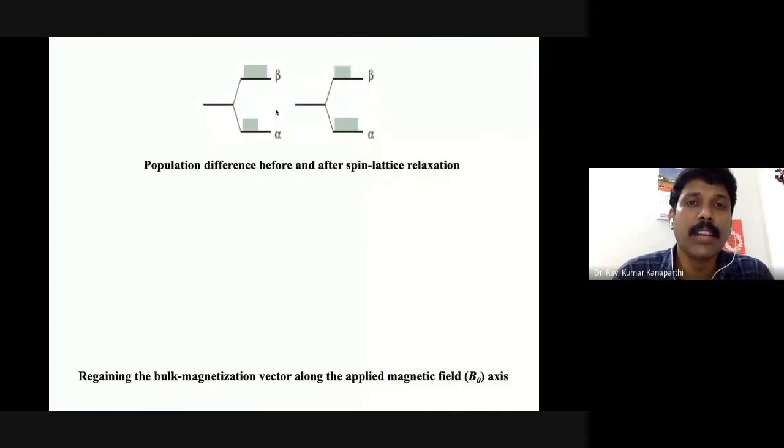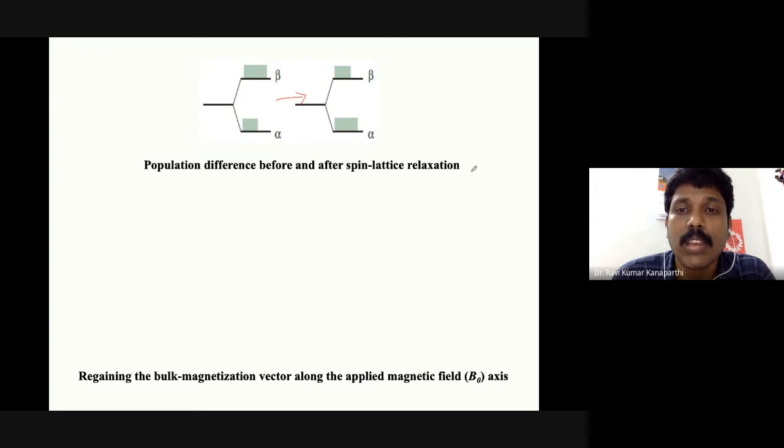Okay, and you can understand this like this. In this diagram, what we can see is a population analysis. After the RF pulse, what we have is this situation: fewer alpha spins and more beta spins. But this is not thermal equilibrium. Therefore, it will go back to its original thermal equilibrium, that is, more alpha spins and fewer beta spins.